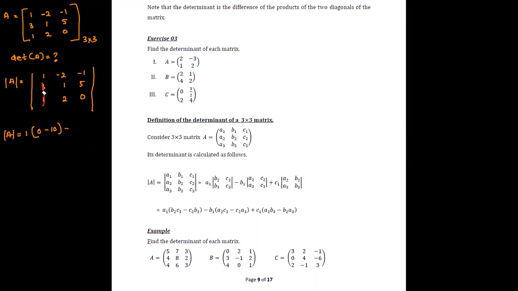If you see the value at the first row, second column, it is minus 2, and if you cut down the row and column and write down the values accordingly, we have identified the value as minus 2, but again there should be a minus sign, because this minus sign is connecting these two terms. Then 3 times 0 minus 5 times 1.